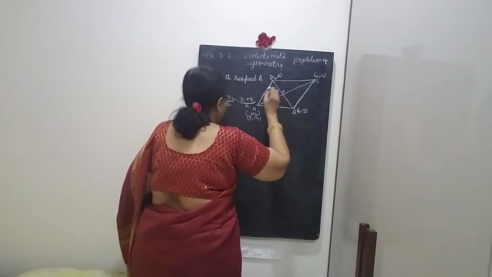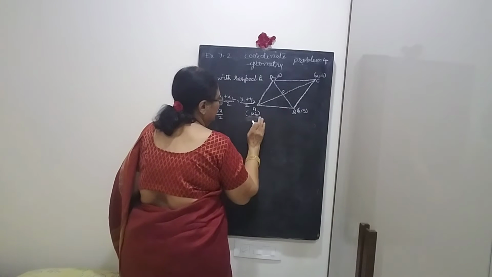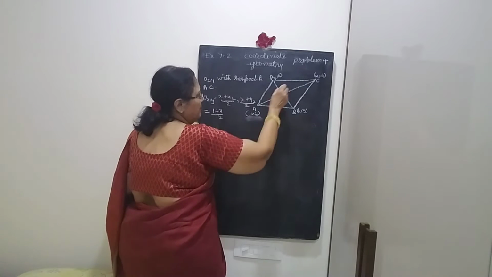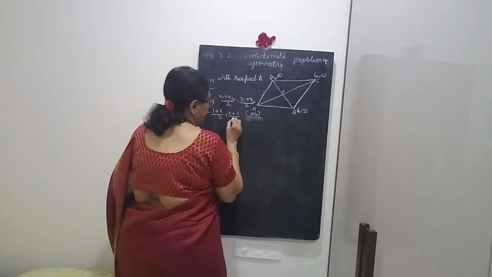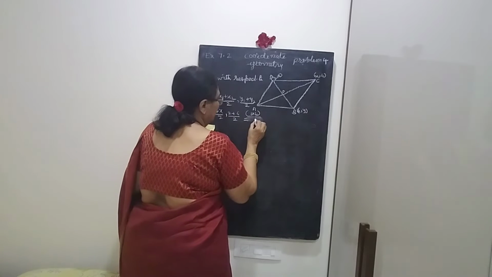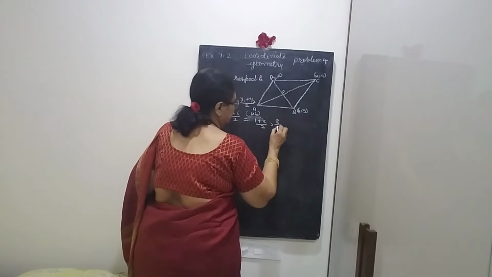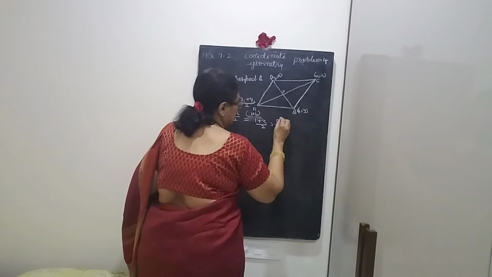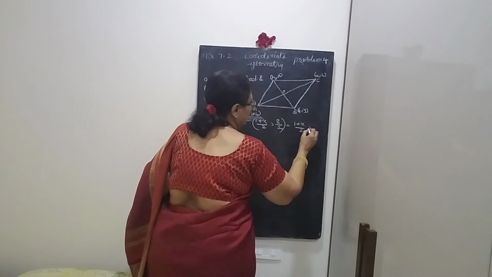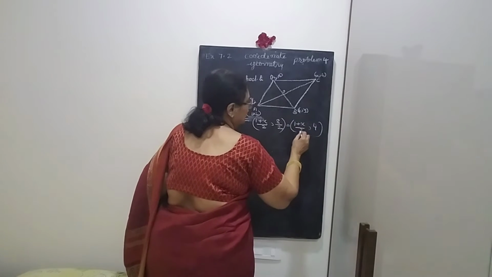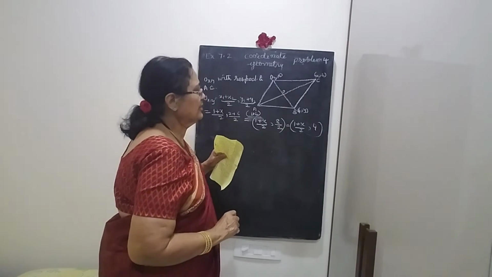You will get confused if I write x1, x2, so with respect to AC: (1 plus x) by 2 and (2 plus 6) by 2. So (x, y) is (1 plus x) by 2, 8 by 2, that is (1 plus x) by 2 and 4. These are the coordinates of O(x, y) with respect to AC.